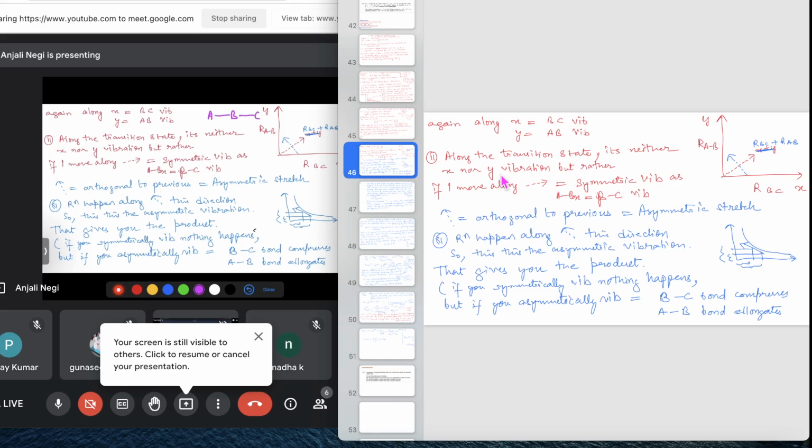The symmetric or asymmetric stretch that we were talking about, either in this transition state theory or the one we discussed a few minutes ago, we were always talking about the one for the precursor complex or the transition state. So this is the transition state. You can also assume it as a precursor complex, where there will be a ligand in between.